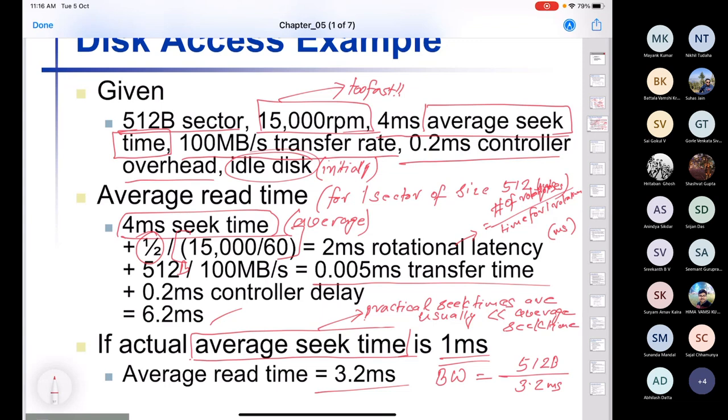Typically, if a lot of sectors are read one after the other, the initial rotational latency and the initial seek time is distributed over the several sectors, and then this bandwidth improves. Okay, so it is better if you have most of the data on one track and multiple tracks distributed across the different disks.